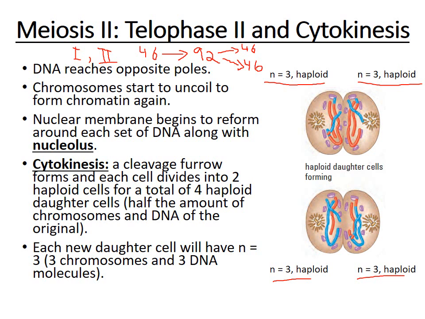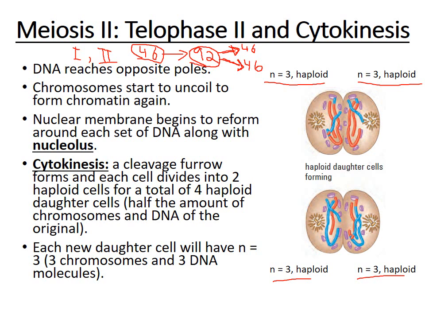And now, what I should have been saying was not chromosomes but DNA. If you had 46 DNA, interphase happens, you get 92 DNA. And then after the first division, you go back to 46 DNA and 46 DNA.